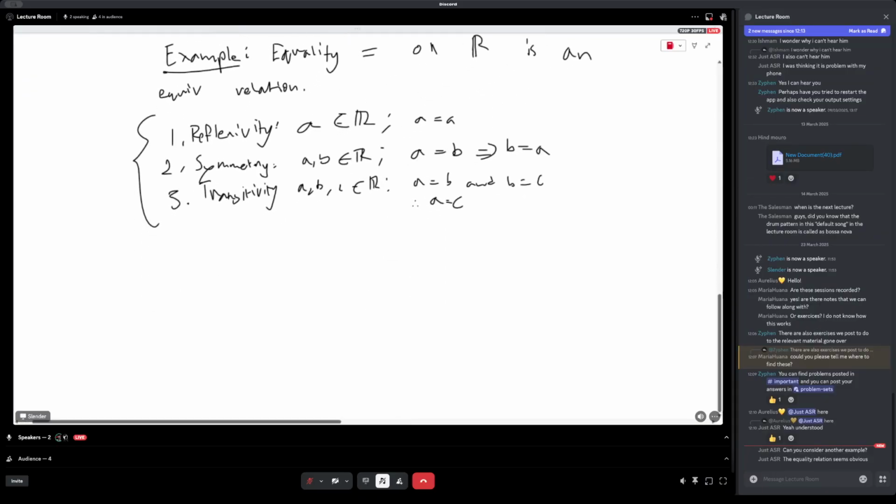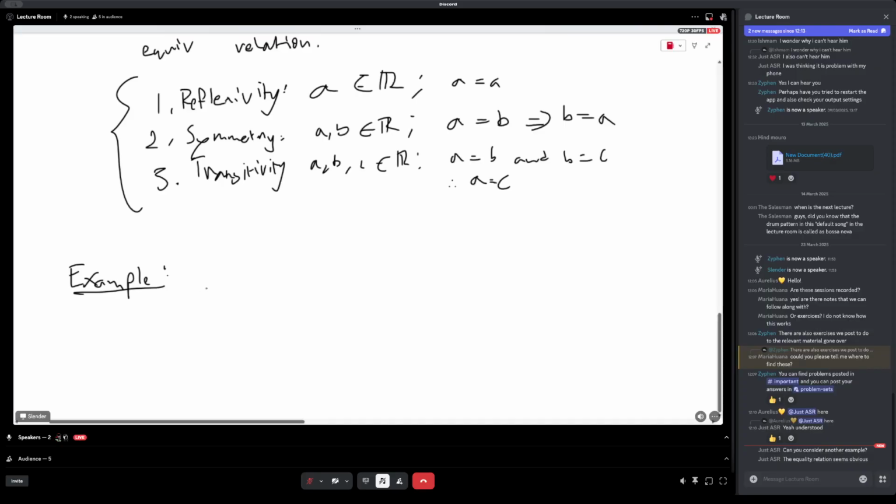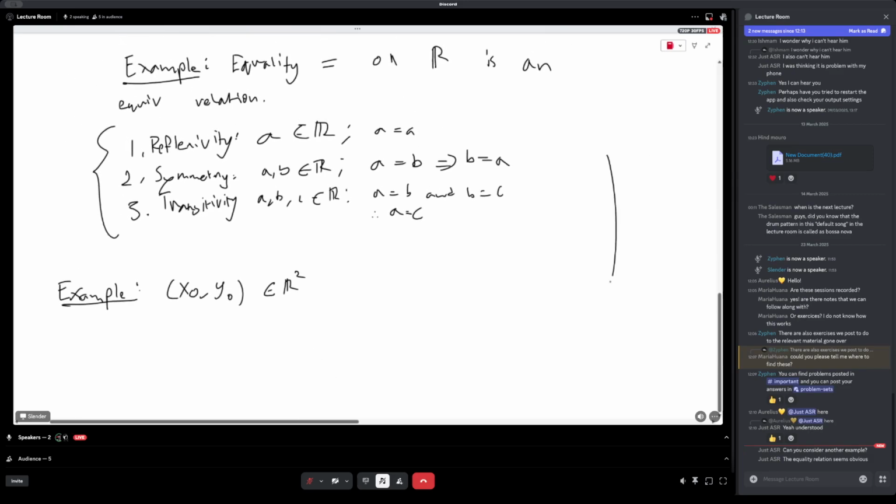Okay, so let's look at another example. This is the second example, where we can have a new definition of an equivalence relation. For example, you can take two points of the two-dimensional plane. Say you pick x and y from R2. R2 basically just means a two-dimensional graph, with x and y axes.